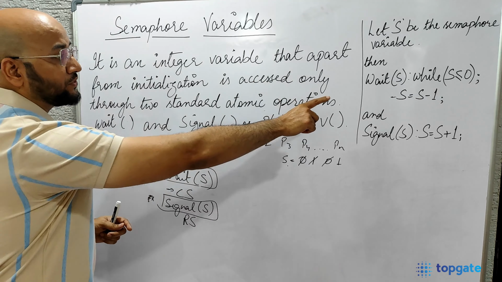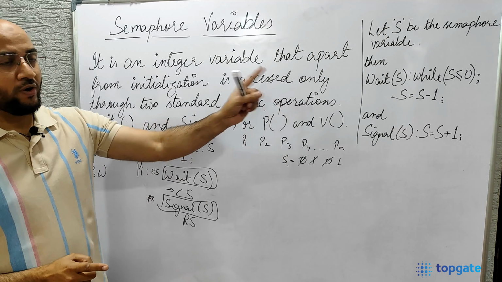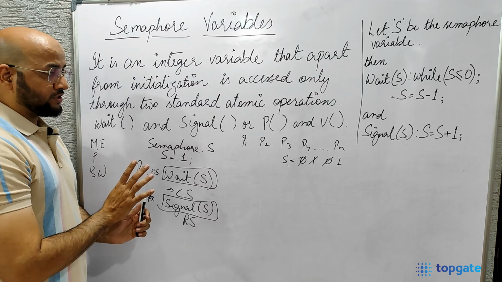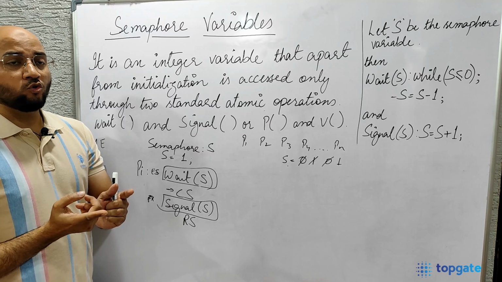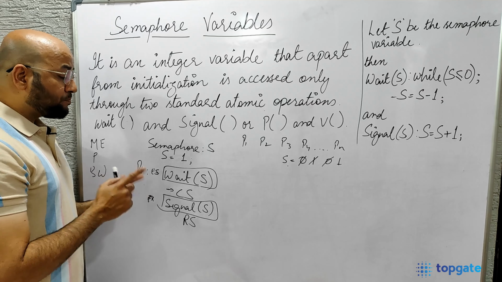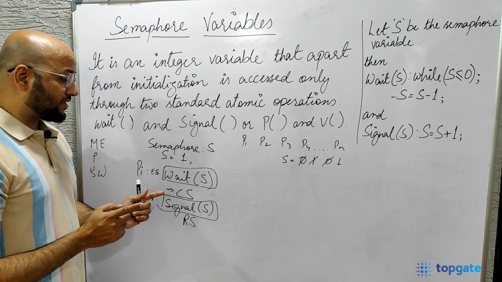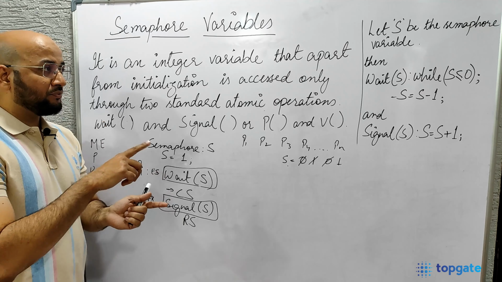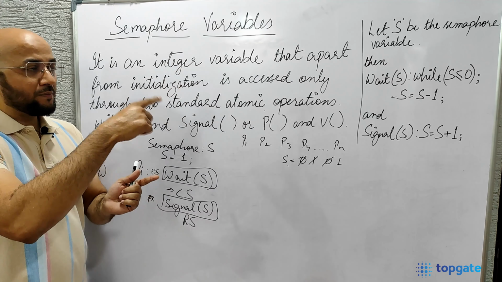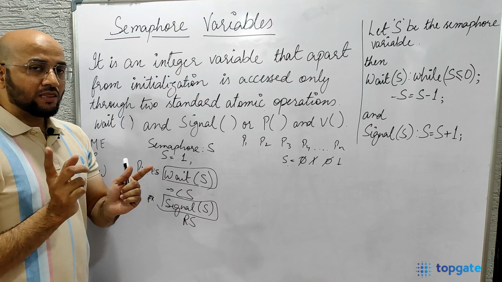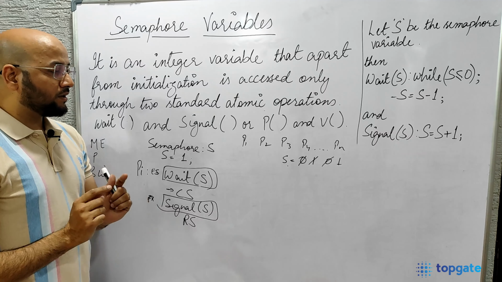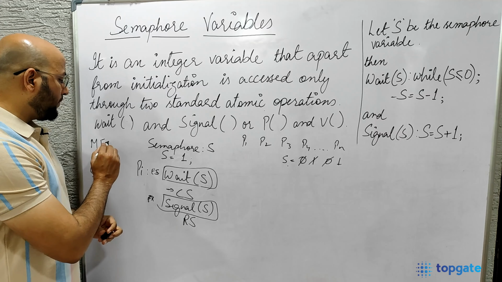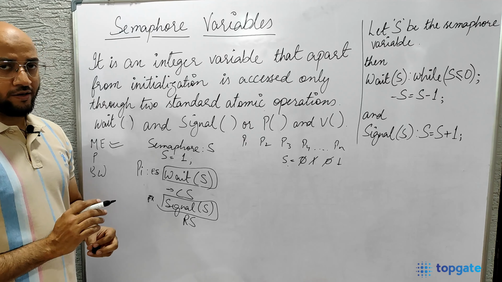They will not be able to execute the second statement of the wait operation, and therefore they won't be able to go to the critical section. They will only be able to go when the process P1, who was working in the critical section, sets the value of S from 0 to 1. Then the while loop of the other processes will be broken and they will be able to go to the critical section. Therefore, we can very clearly say that the requirement of mutual exclusion is satisfied here.